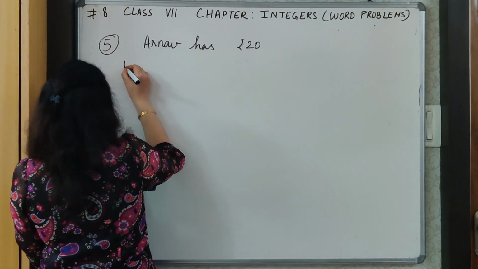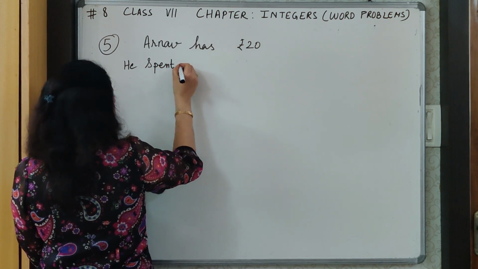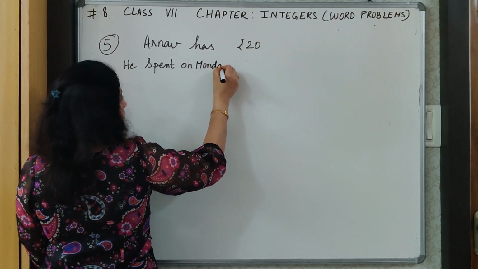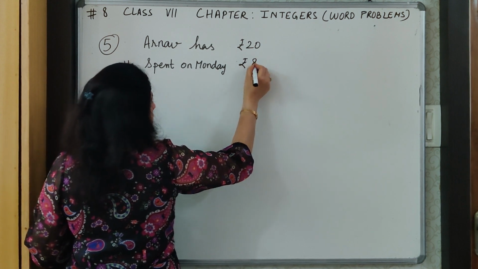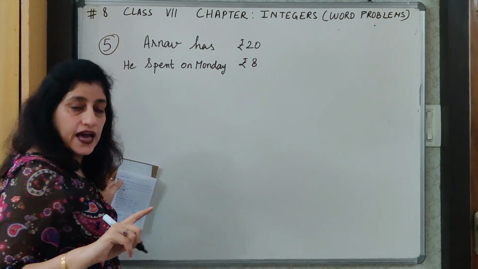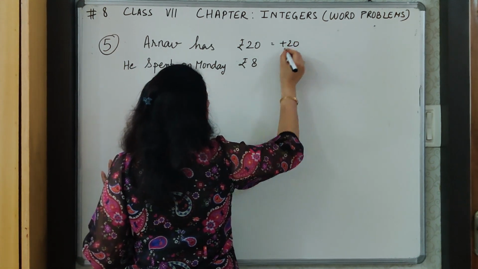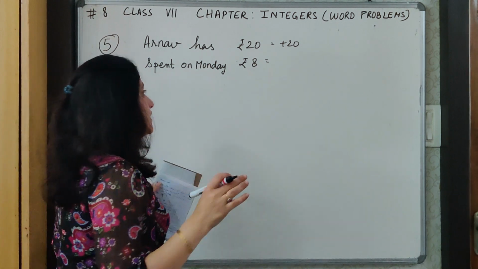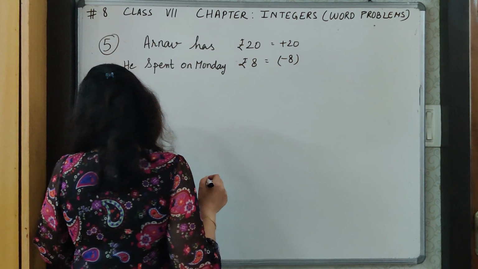Then it is given that he spent on Monday rupees 8. So whatever he has, we will write as plus, and whatever he spends, whatever he gives away will be written as minus. Alright?